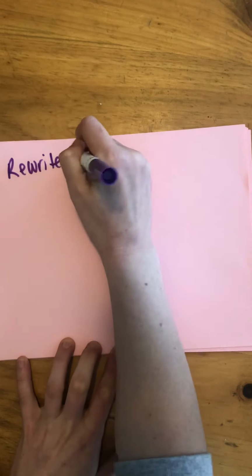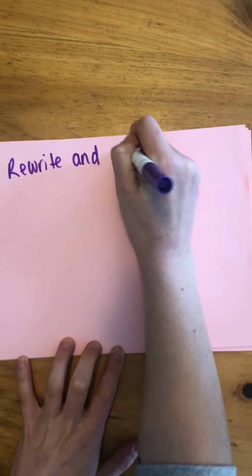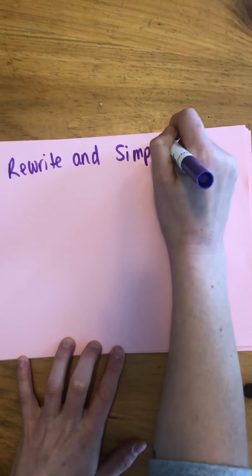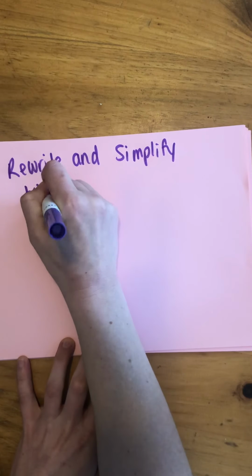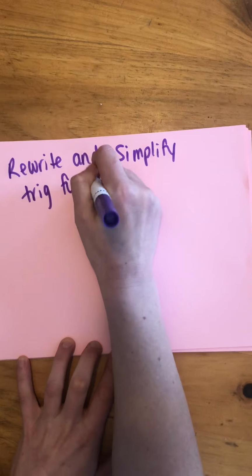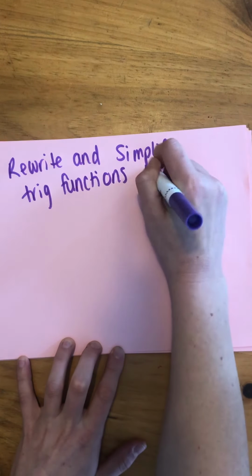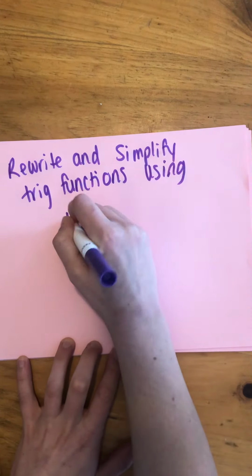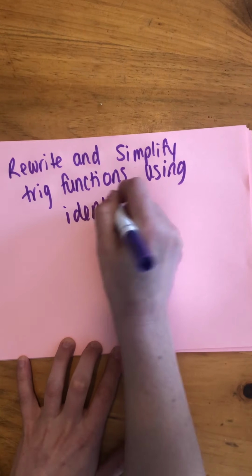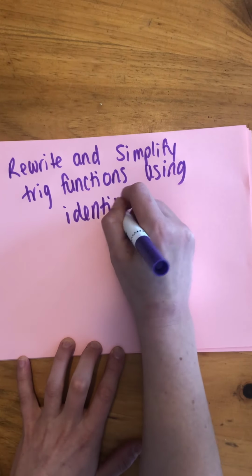All right, so what are we learning today? Today we are going to be able to rewrite and simplify trig functions using the identities.